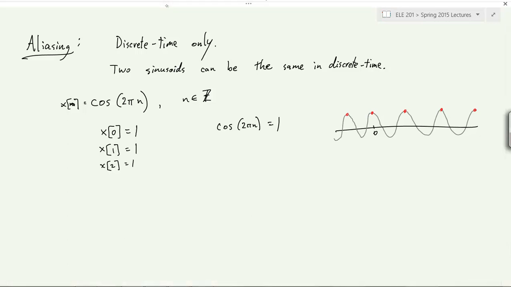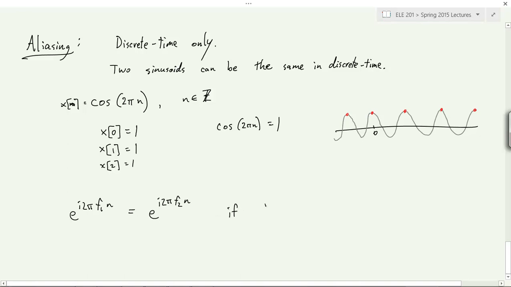Now that happens in general, and to see it by equation, you just have to realize that e to the i 2 pi f1 n equals e to the i 2 pi f2 n if the difference between the frequencies is an integer.